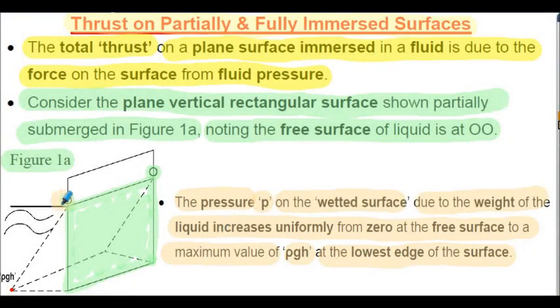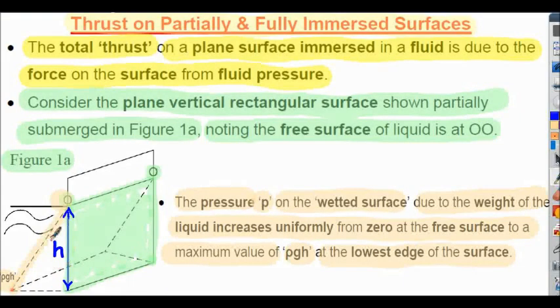So we have 0 gauge pressure at the surface and the maximum pressure at the base of the plate in the fluid is rho GH. Note the linear relationship as the pressure increases from the surface to the base of the fluid. Just notice this is the height dimension h in the rho GH formula.